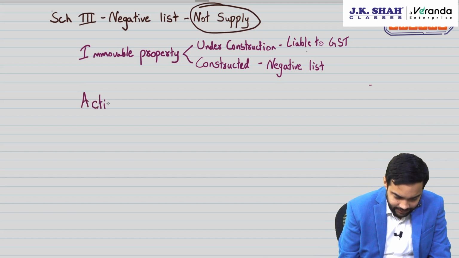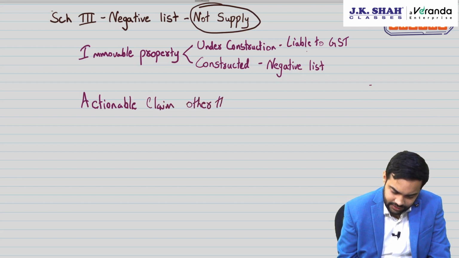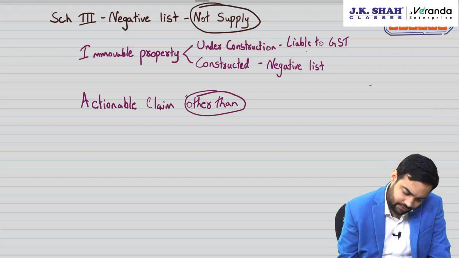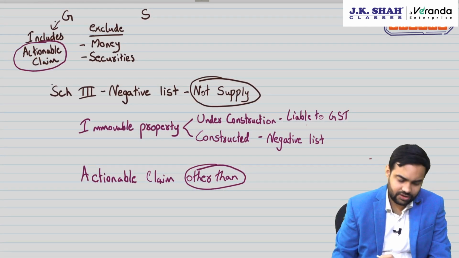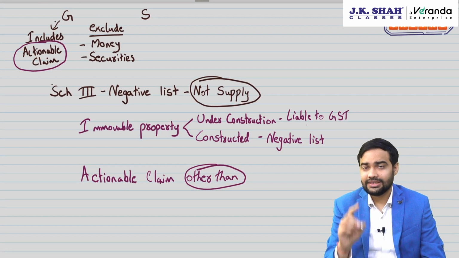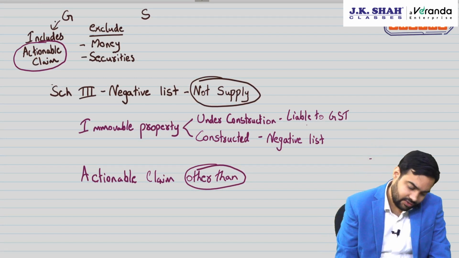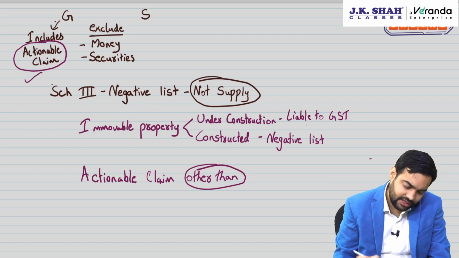actionable claim. Actionable claim is also covered by negative list, but there are certain things which are excluded. Now, the purpose of including actionable claim in the definition of goods was to tax these which are going to be seen now, because first it was included, then it was kept in negative list, so anyways no GST.